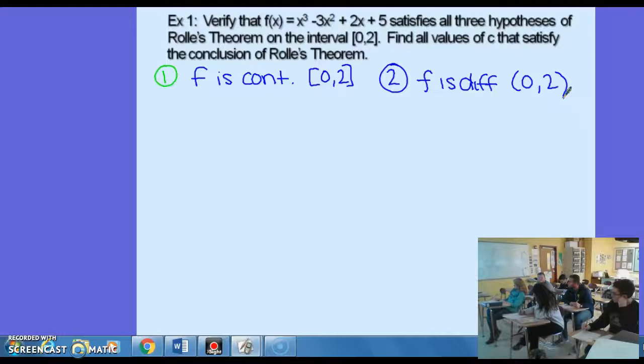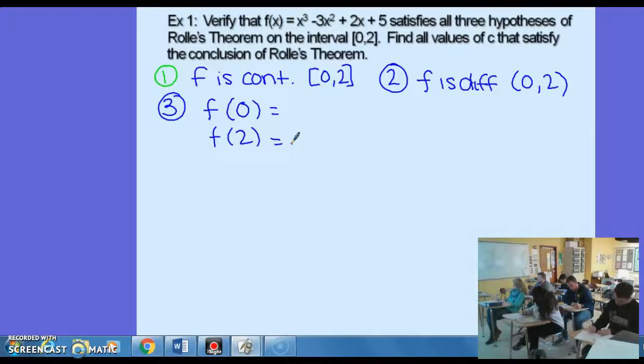The third thing, which is probably the hardest one to prove, is that f of a equals f of b. Meaning that the beginning of the interval and the end of the interval have to be equal. So this function cannot be 1-to-1 in order to have f of a equal f of b. So we need f of 0 to equal f of 2.